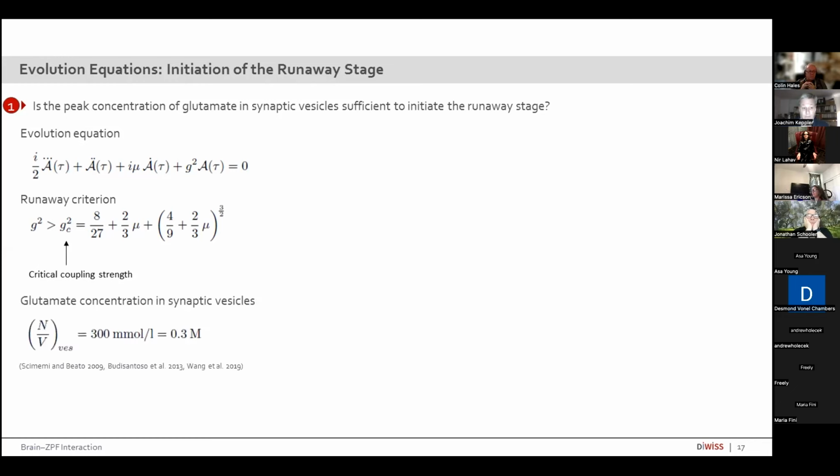Now we insert a realistic glutamate concentration in synaptic vesicles. And what we find is that the frequency that dominates the whole evolution lies at 7.8 terahertz. And this results in this value pair for G and mu.